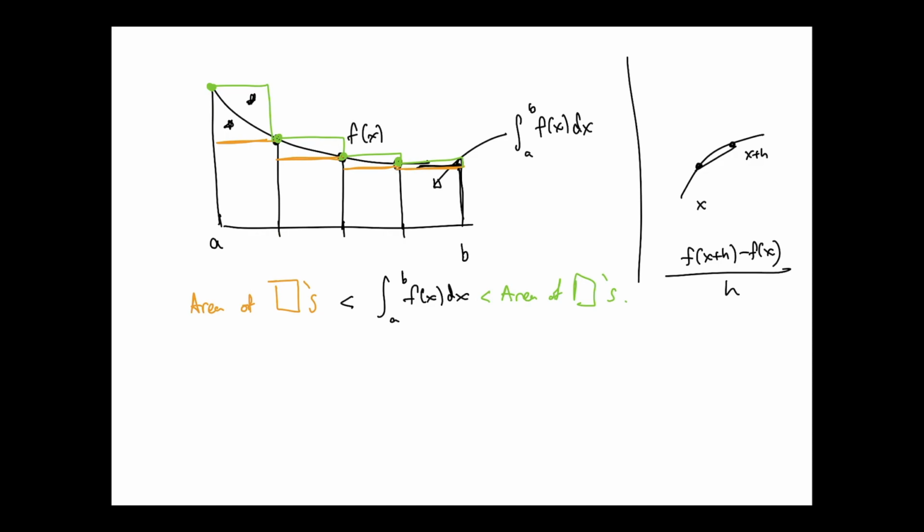Okay, so does that make sense then why one of them is too big and one of them is too small? Yeah, okay. So how could I improve this estimate? Yeah, let's do more rectangles, right? So here I drew 4 of them for the sake of the picture, but is there any reason, like mathematically, that I couldn't have done 8 or 16 or 1,000?